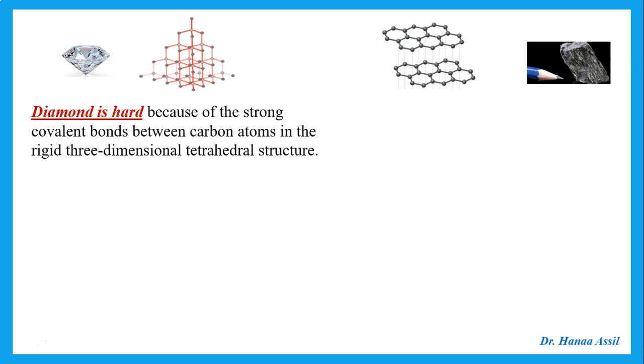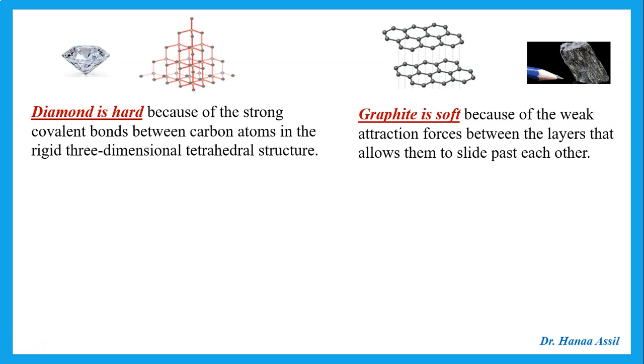What about graphite? We said graphite is soft. Why is it soft? We said because there are weak attraction forces between the layers that allow them to slide past each other, or allow the layers to slide over each other.